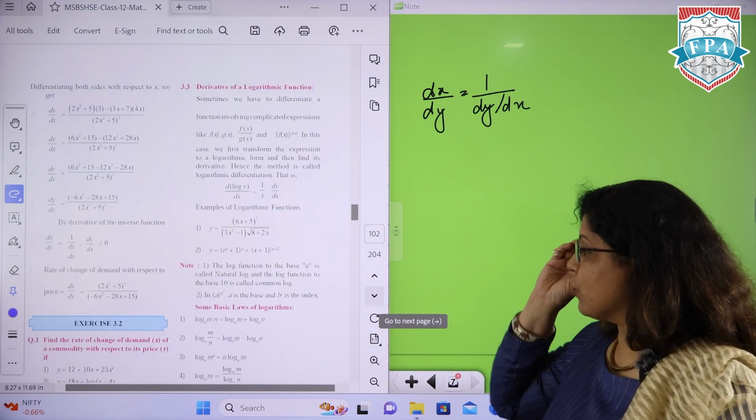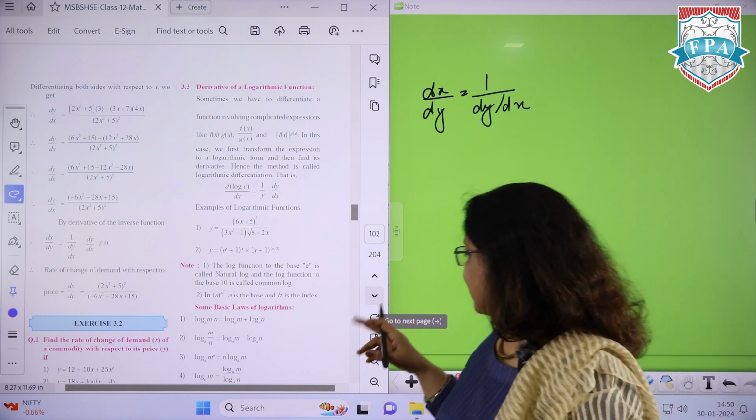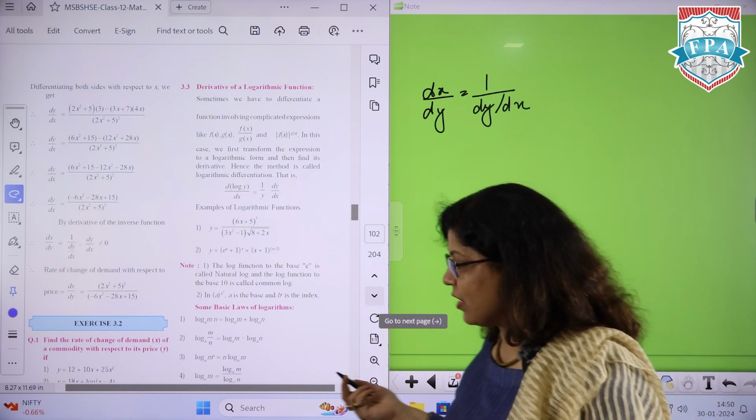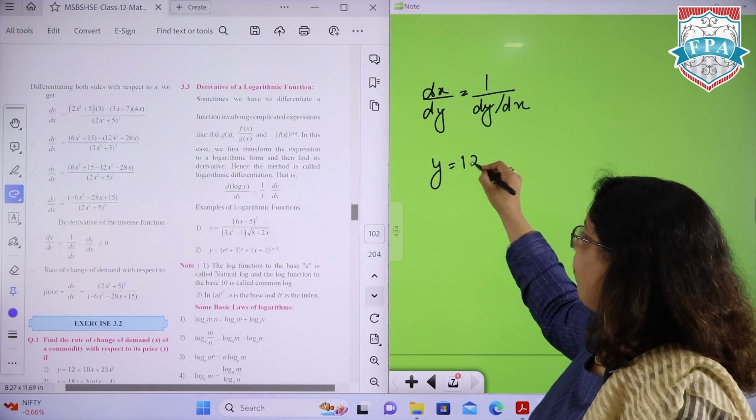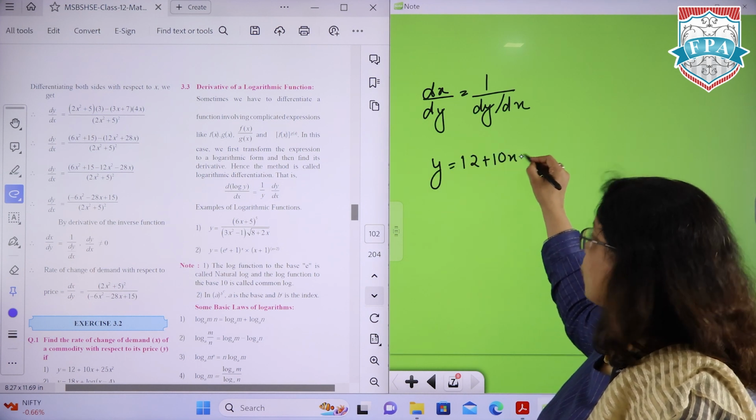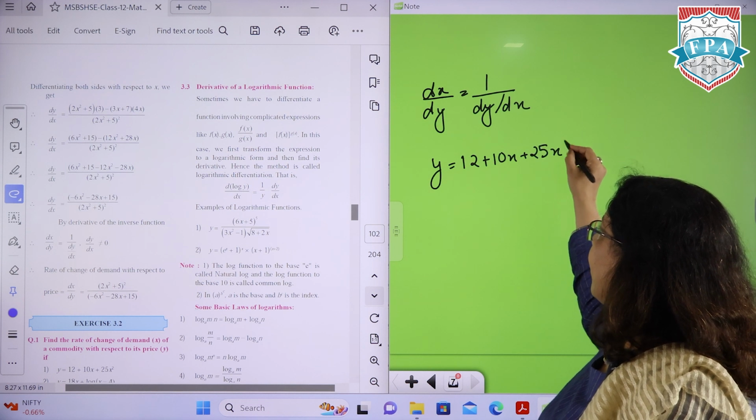Let's take a question here also. From your exercise 3.2, I'm going with the first question. y is given as 12 plus 10x plus 25x square.